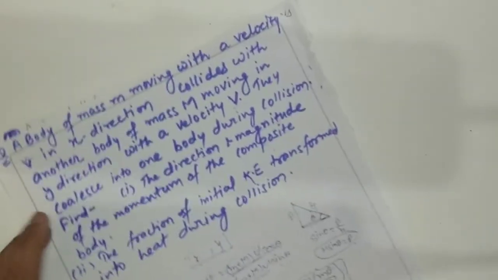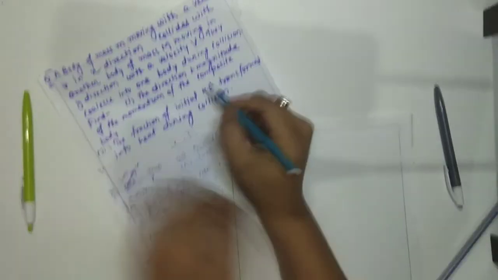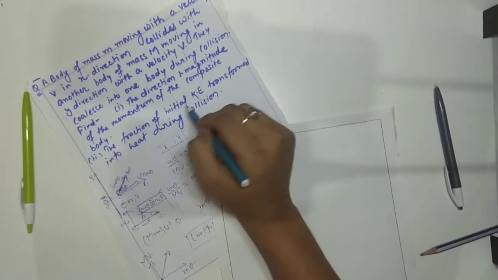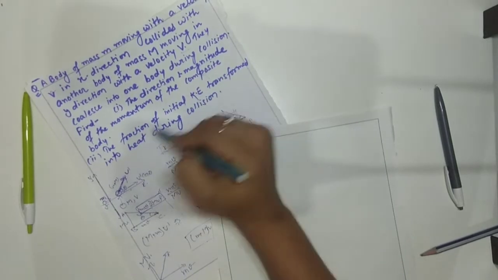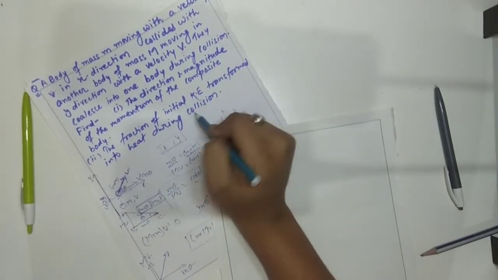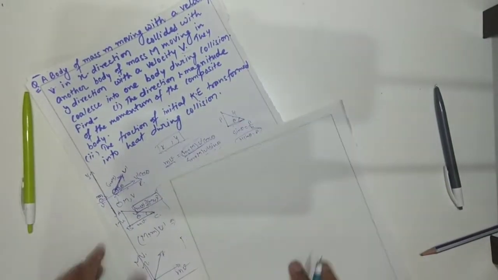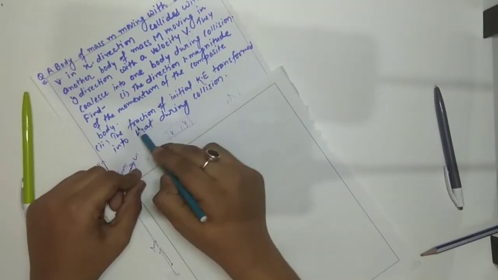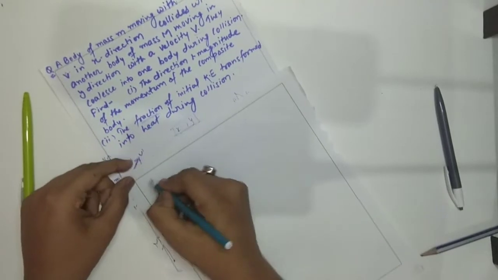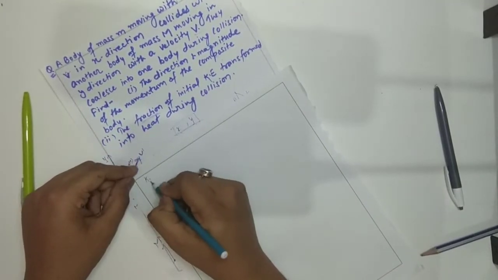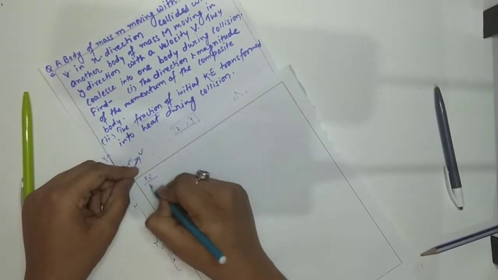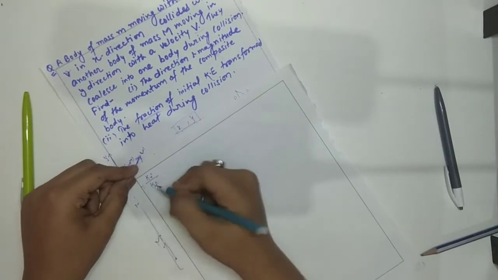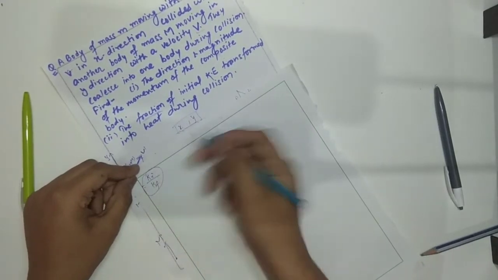So next part, many will get confused here. It is asking about the kinetic energy transformed into heat during collision. It's not asking about the fraction. So this term may suggest to you that it's just Ki upon Kf, but this is not the case, and this is not the heat transformed.